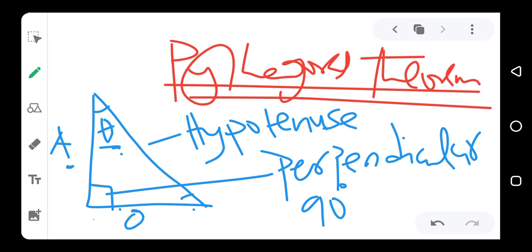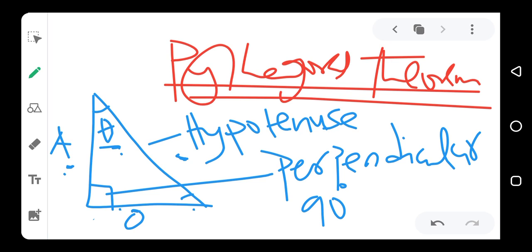This is what we have in Pythagoras theorem, which states that in a right-angled triangle like this one, the square of the hypotenuse is equal to the square of the adjacent plus the square of the opposite.